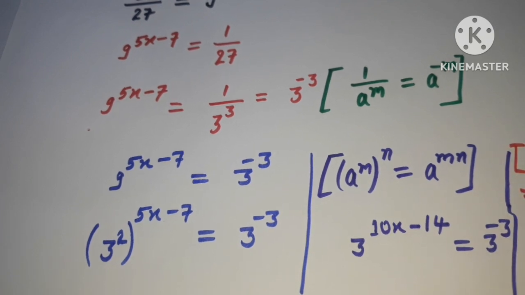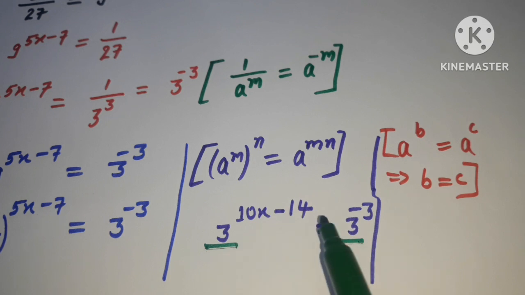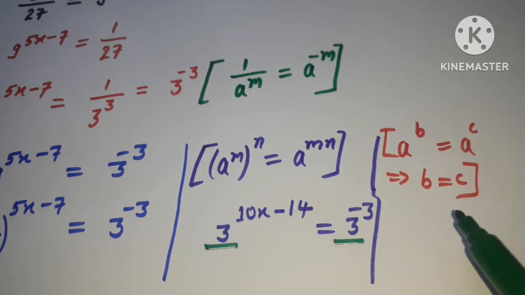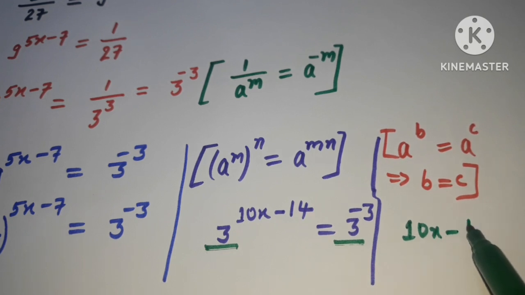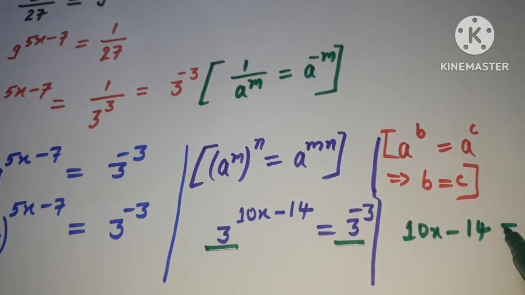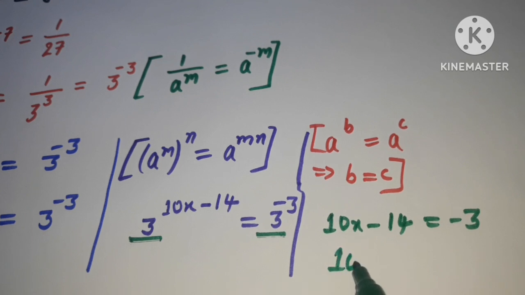I'm going to use this formula here. The bases are the same, so obviously their exponents will be equal. So 10x minus 14 is equal to negative 3 in this way.